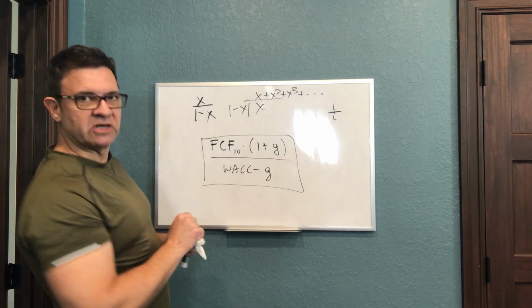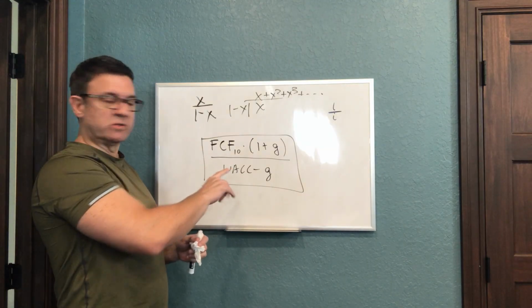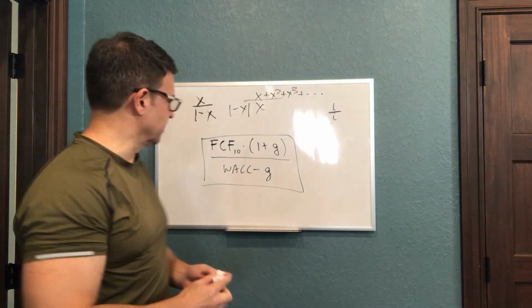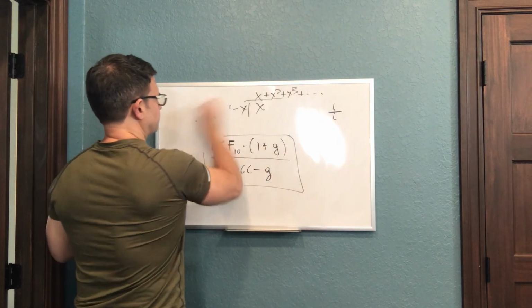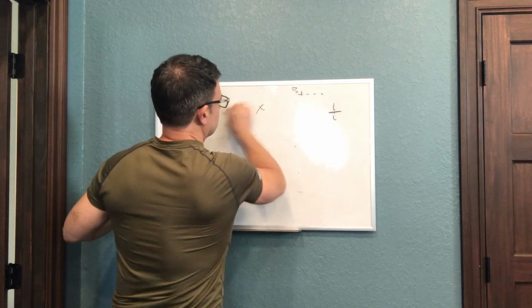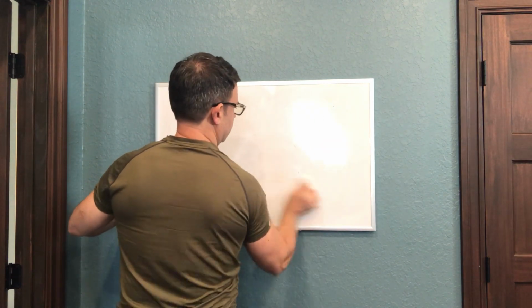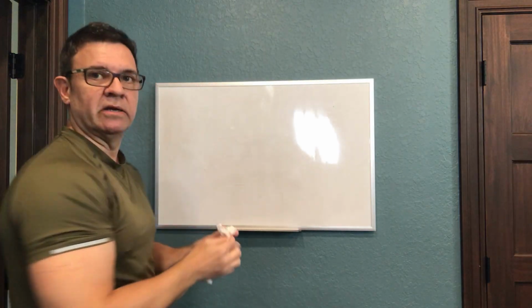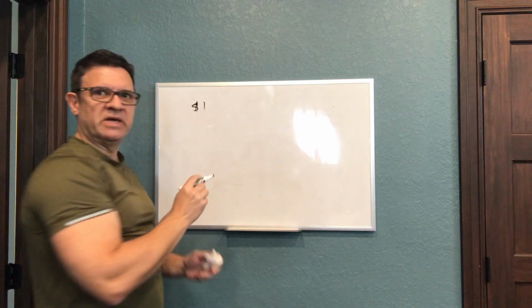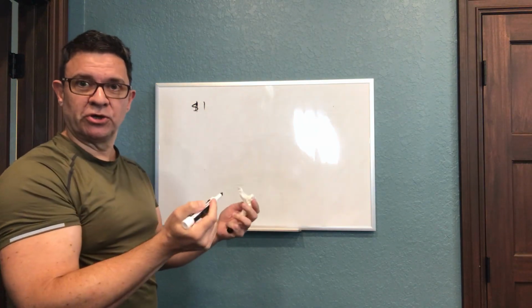Quick, to make the math very simple, we're going to assume that the free cash flows in year 10 is just $1, because that'll tighten the math significantly. So let's go ahead and do that. Notice that if in year 10 it was $1, that means in the next year it was going to grow, remember?